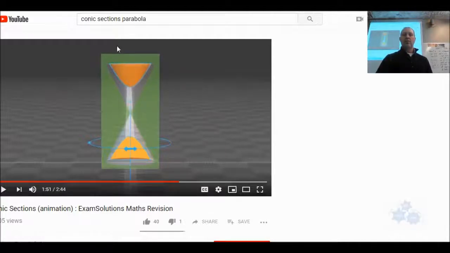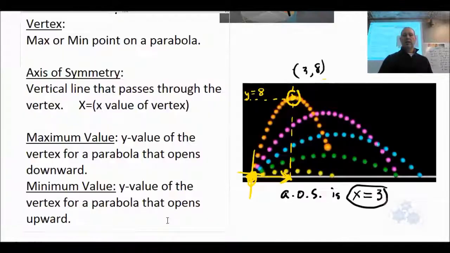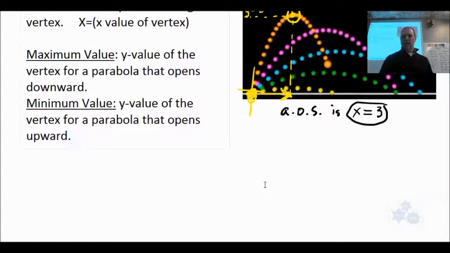When you have sound waves or light waves coming in parallel to the axis of symmetry, they bounce off the parabola to this one single point, no matter where they come in. That's why the parabola is used for these microphones.